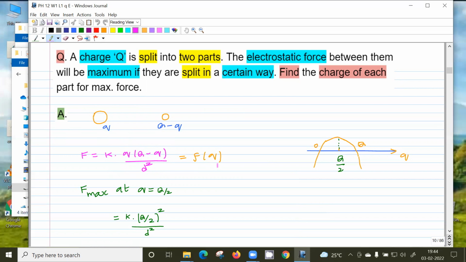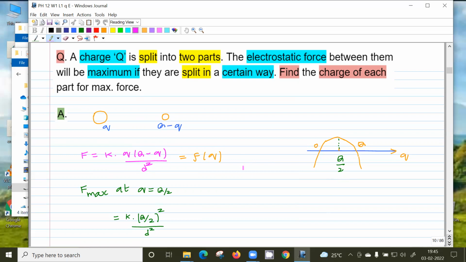So this is a function of q, and it's a quadratic because q square is there, and the coefficient of q square is negative, so it will be an inverted U. If the coefficient of the second degree term is negative, it will be an inverted U. The roots of the parabola are q equal to 0 and q equal to capital Q. And by symmetry, the parabola will have a maximum at the middle, so that will be at q equal to Q by 2. Is this clear?